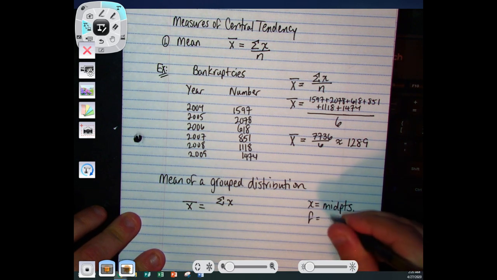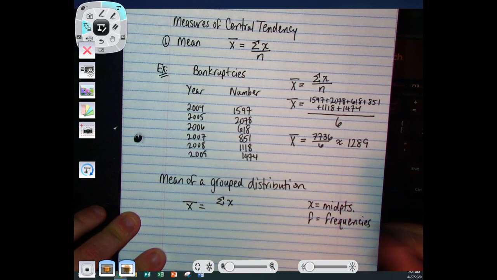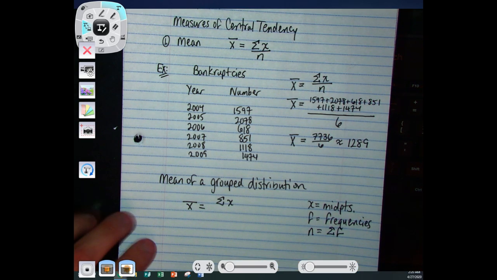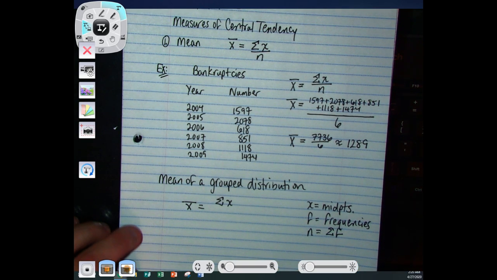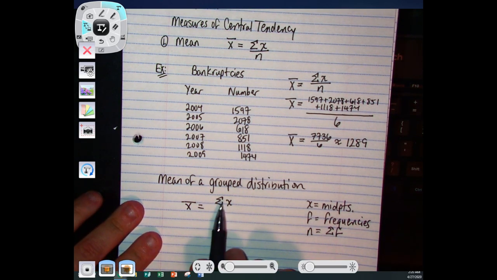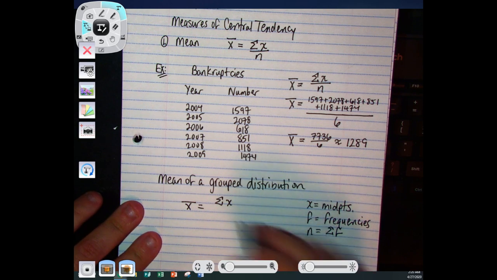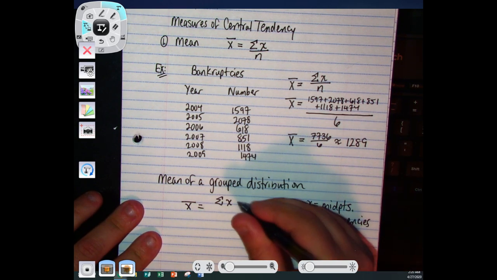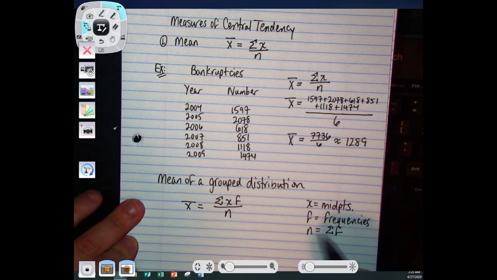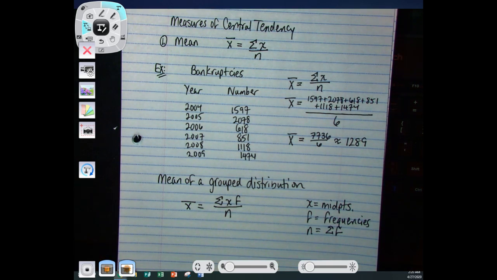F represents the frequencies, and N equals the summation of F. So here to calculate the mean of the group distribution, we would take the summation of all the midpoints times the frequencies divided by N, which is the summation of the frequencies.